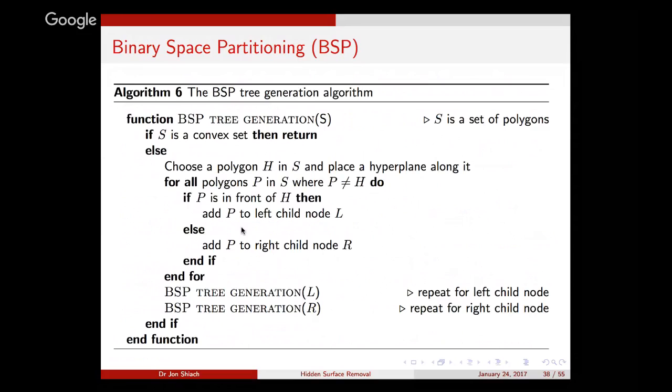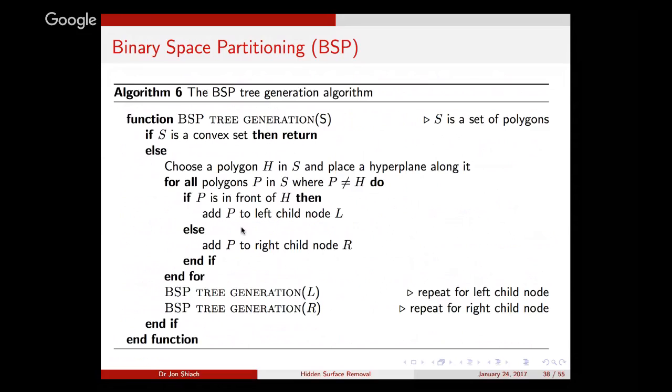If your polygon, however, is behind H, then you add that polygon to the right child node. And then what you do is you repeat the function for each of those subspaces. So when you insert a hyperplane in, you're dividing the space into 2. All of the ones in the front subspace, you repeat. And you also do the same in the back subspace.